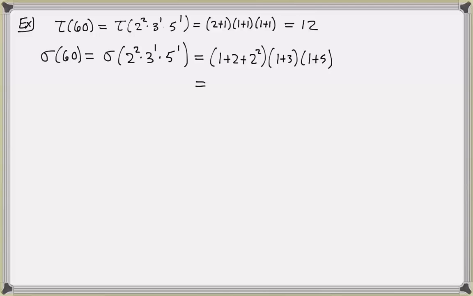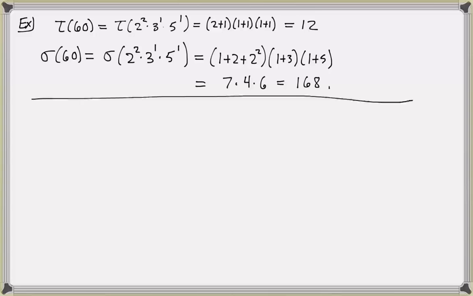So this equals 7 times 4 times 6, which equals 168. So tau of 60 is 12 and sigma of 60 is 168.